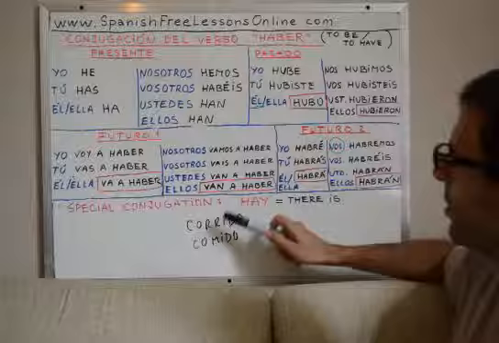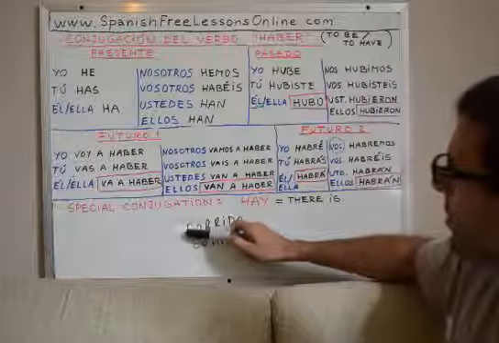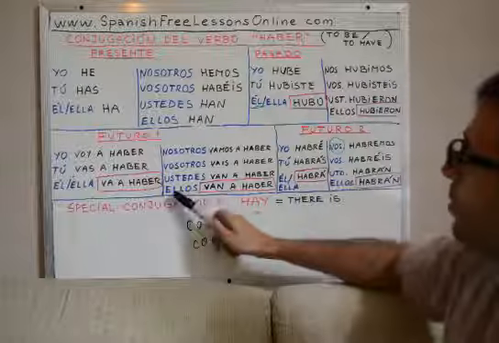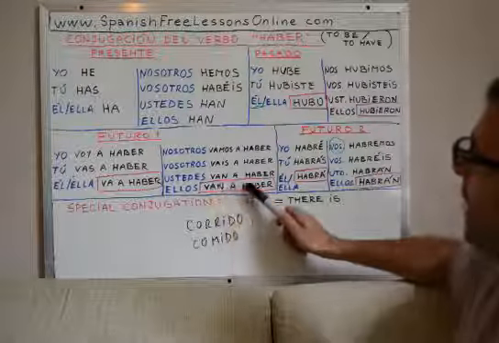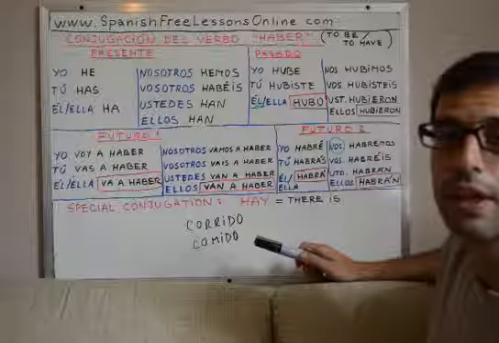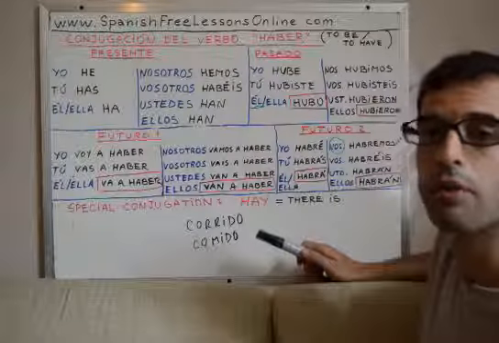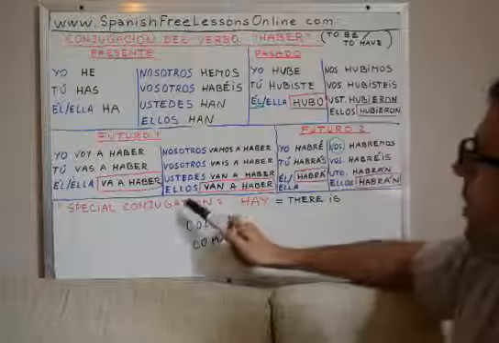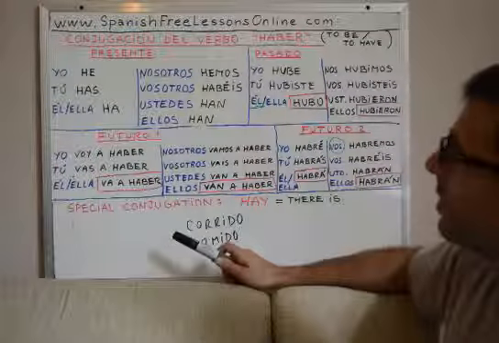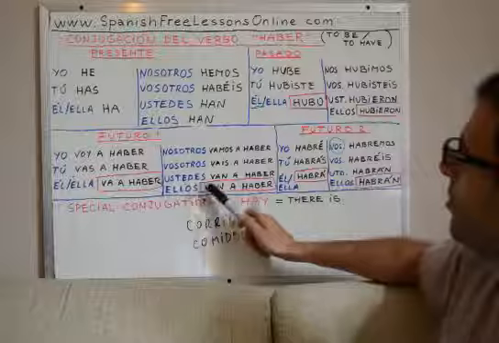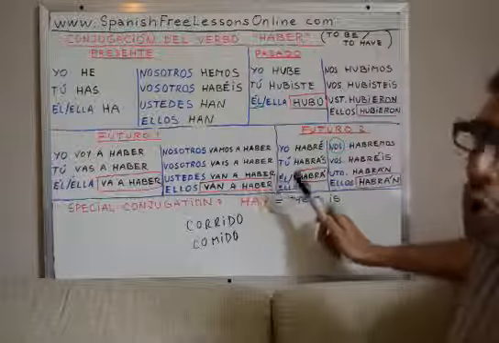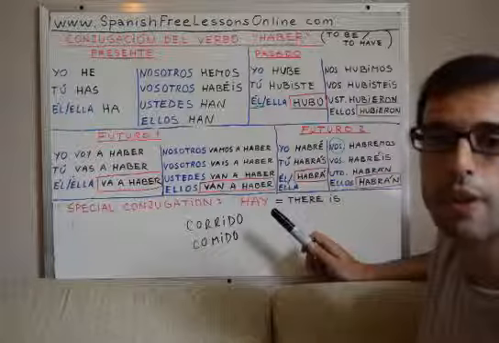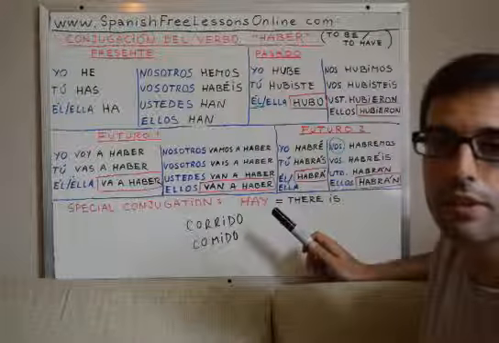If we add corrido, the past participle of the verb to run, it will be ellos van a haber corrido. That means they will have run. If we add comido, that means eaten, we would say ellos van a haber comido, or in English, they will have eaten.